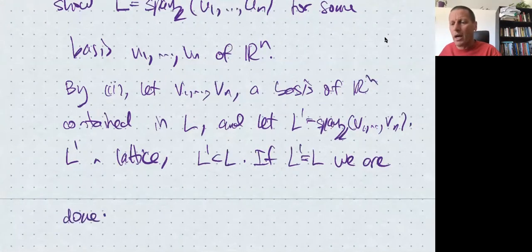And let's take a fundamental domain. So I claim, first of all, that L prime is finite index in L as a group.